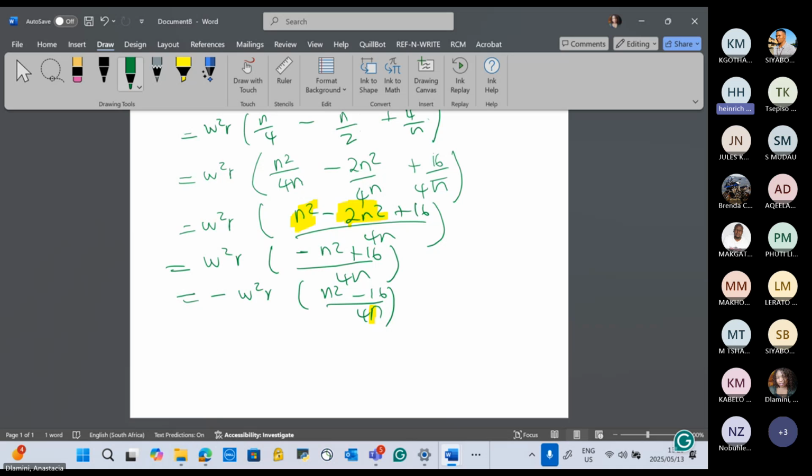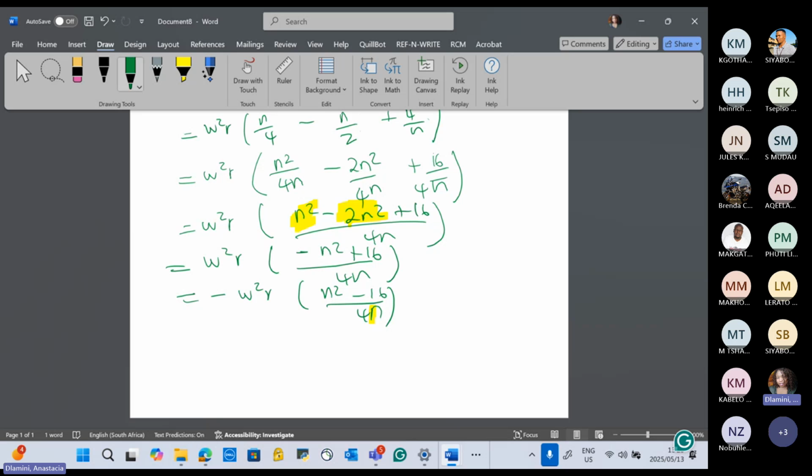Because it's a multiplication between the minus w squared r and the second term. Okay. Now, let's not focus on the first term then. Let's focus on the second term. When would it be negative, and when would it be positive?